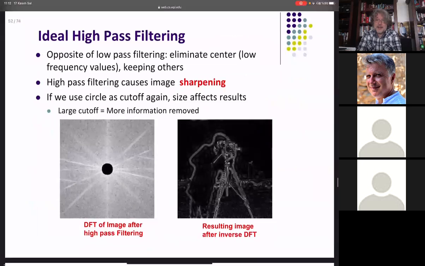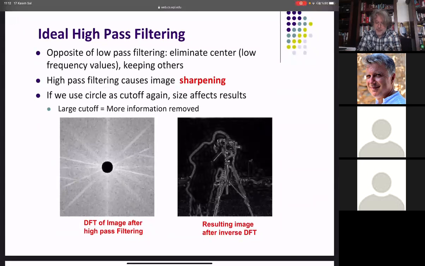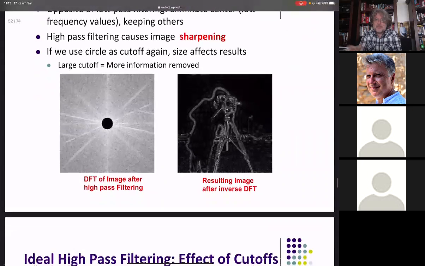In high pass filtering, you just eliminate the lower frequencies and keep the high frequencies, and you come up with something like the thing that you see on the right hand side. As you see, high pass filtering does not mean sharpening. It's something else. It's more like edge detection. If you want to sharpen, a good idea is to add this high pass image onto the original image within a scale.